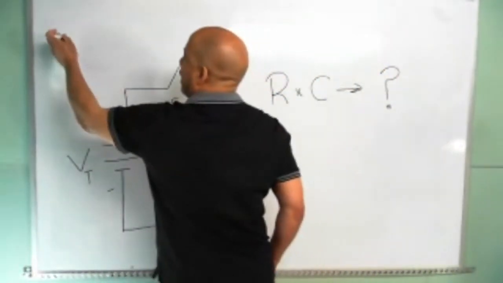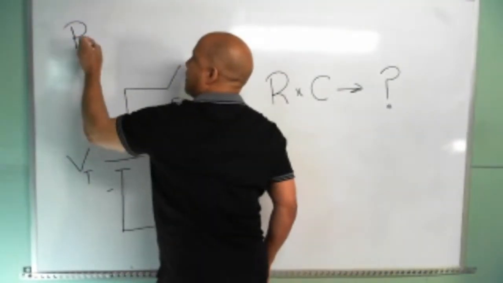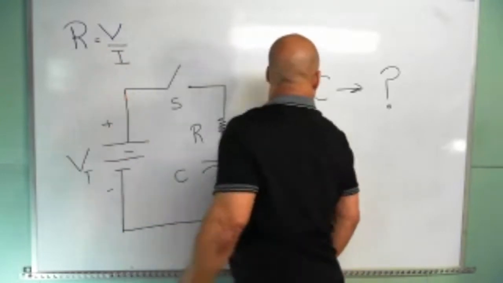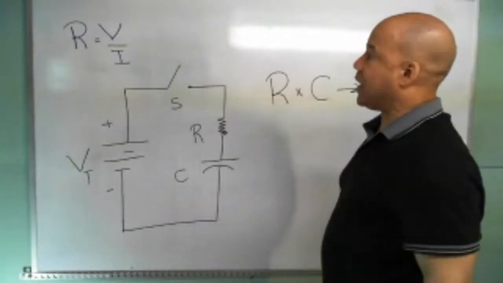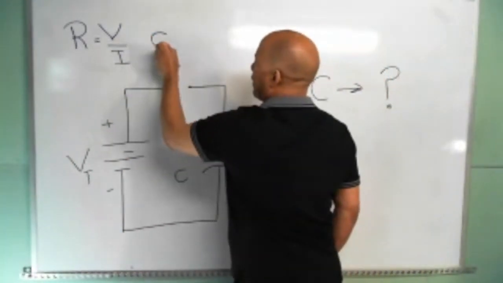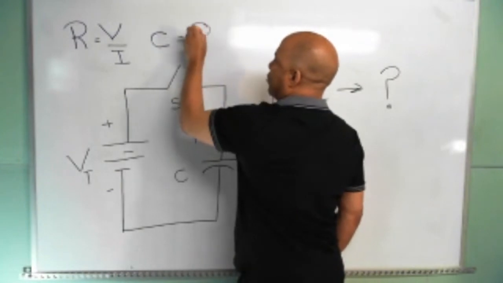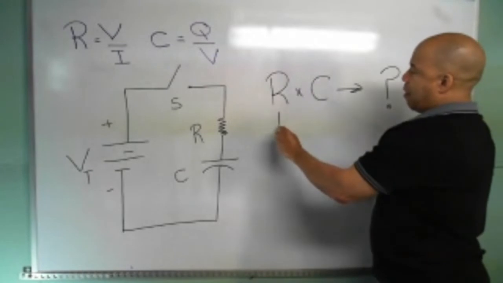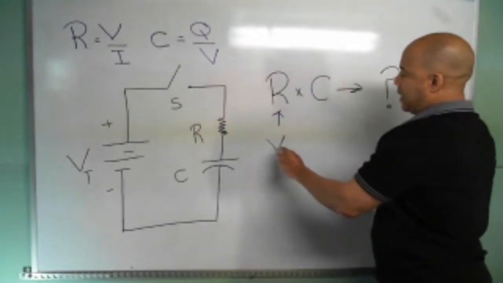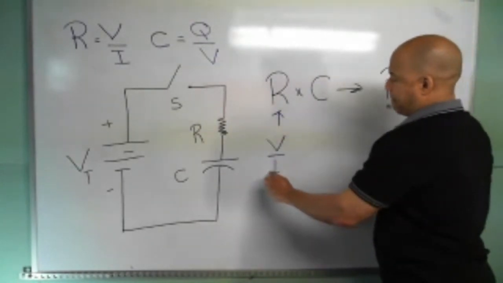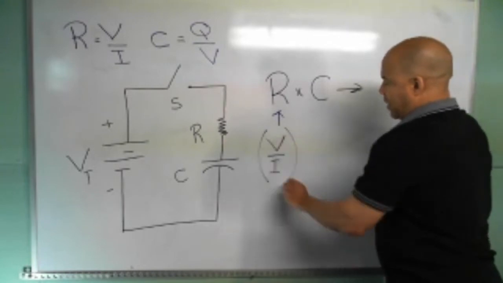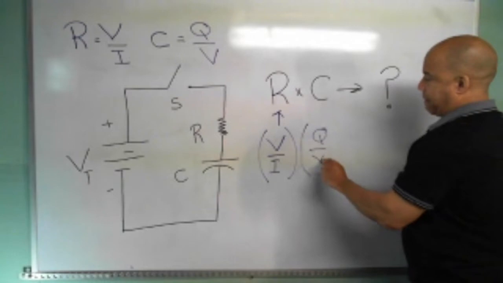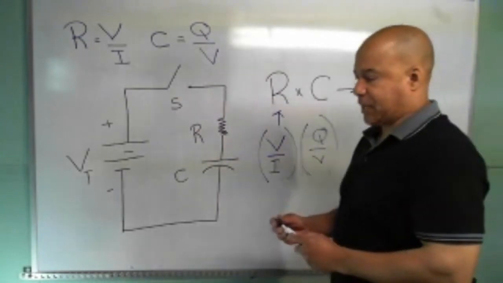We know from Ohm's law that R equals V over I. And we know from the previous discussion that C, capacitance, is Q on V. So I'm going to substitute for R, V on I, and I'm going to substitute for C, Q on V. And you can see what's going to happen here.